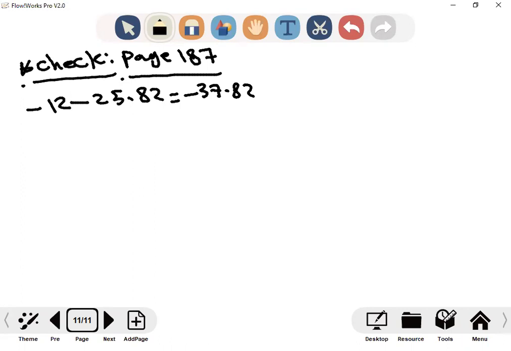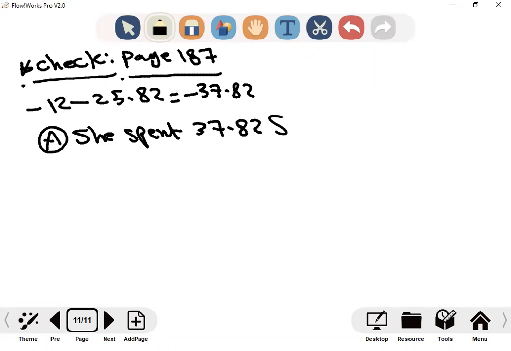So the total amount she spent is $37.82. This is part A. So in part A we write she spent how much? Don't put negative, because spent already means negative. Understood?